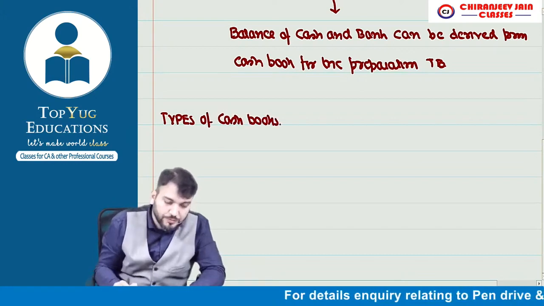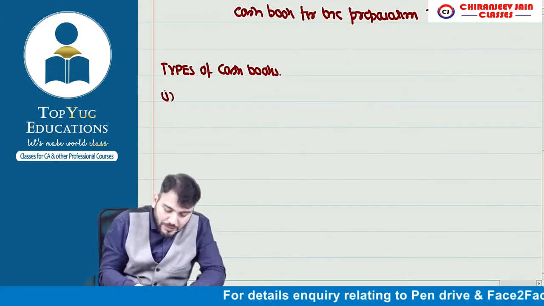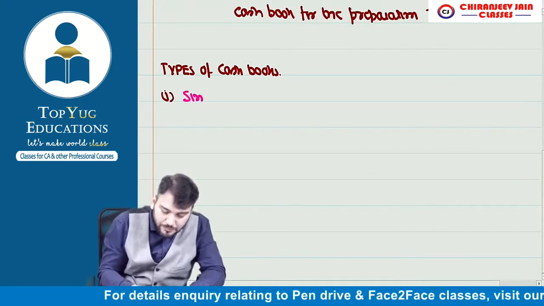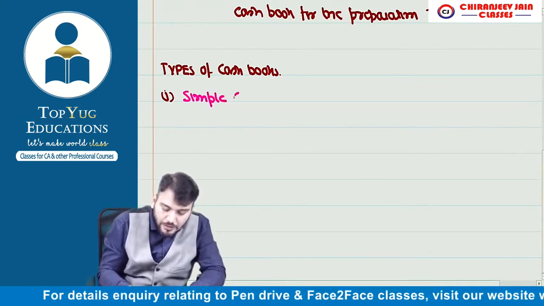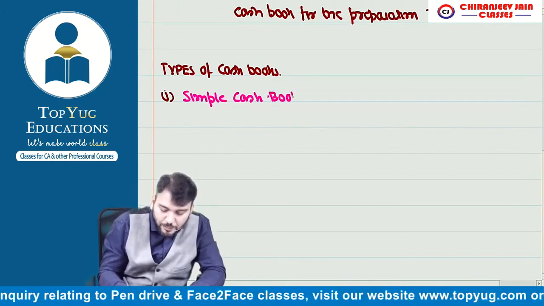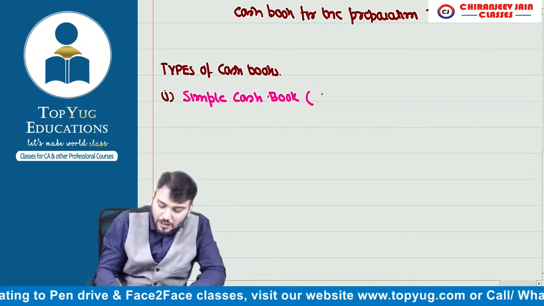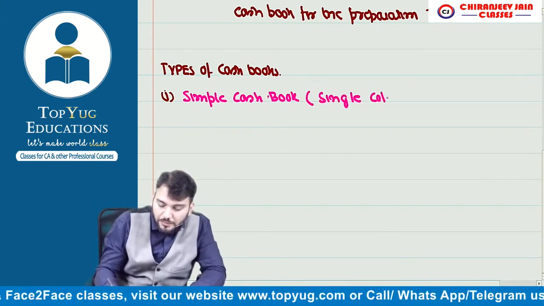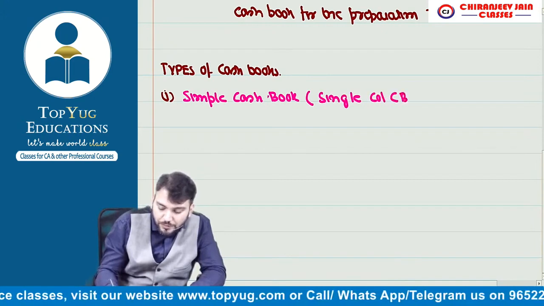Types of cash book. Point number one: the first is known as simple cash book. Simple cash book is also known as single column cash book.